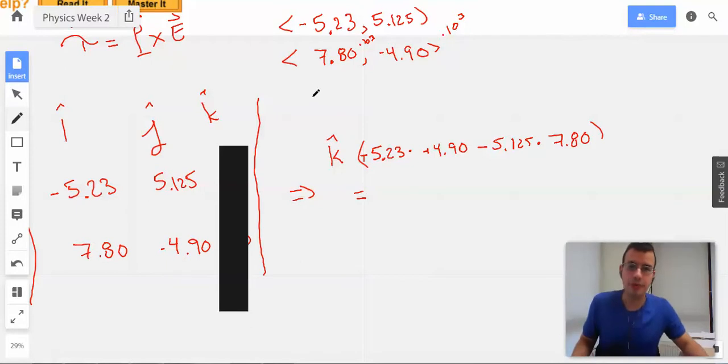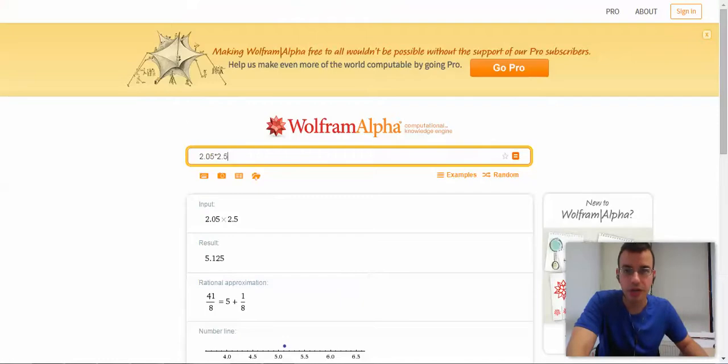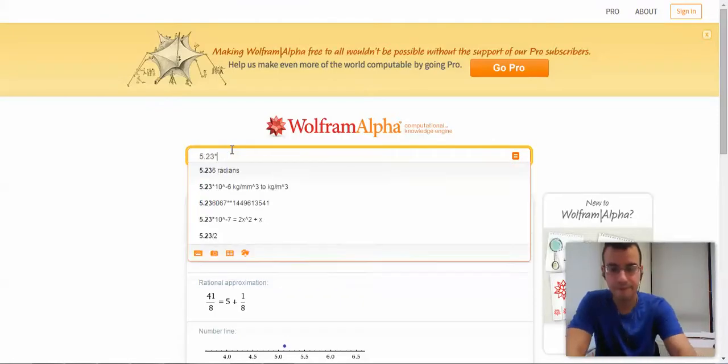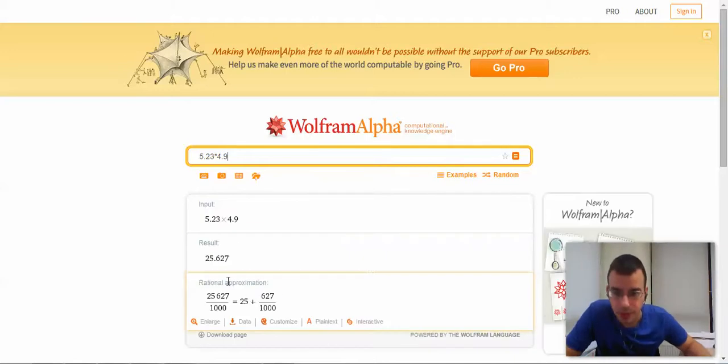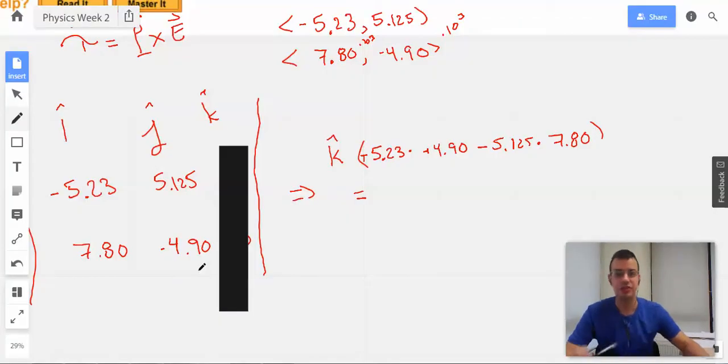So I'm going to Wolfram this real quick. And we have 5.23 times 4.9, and we get 25.63.